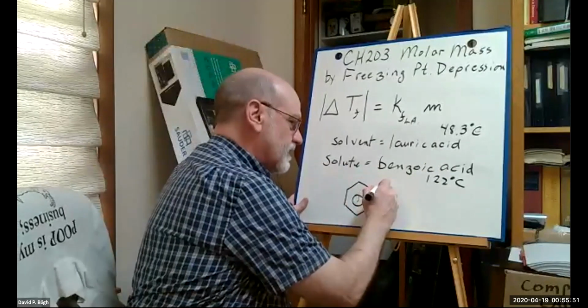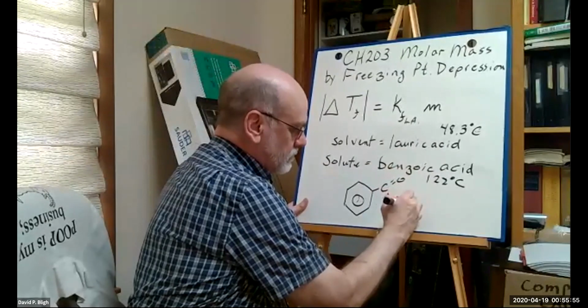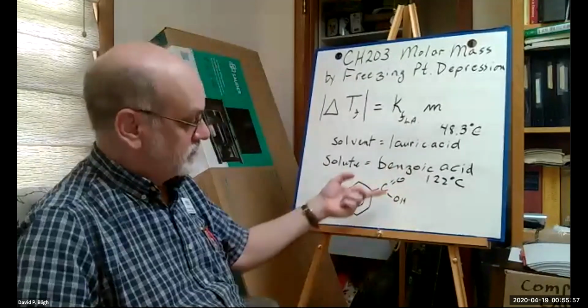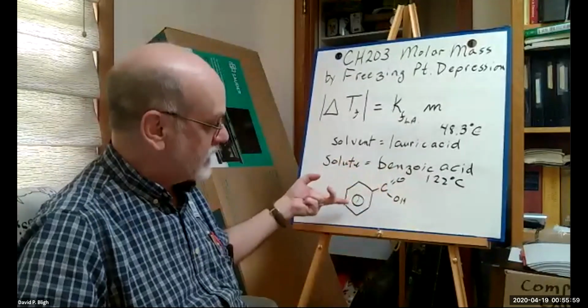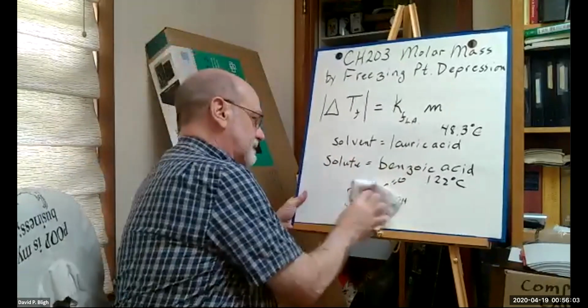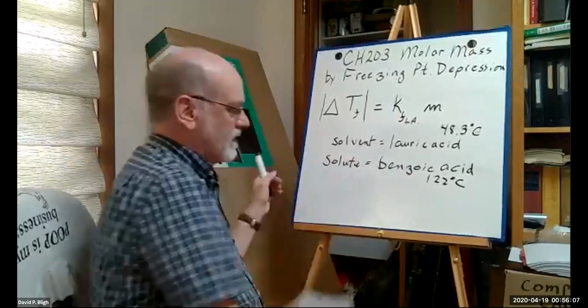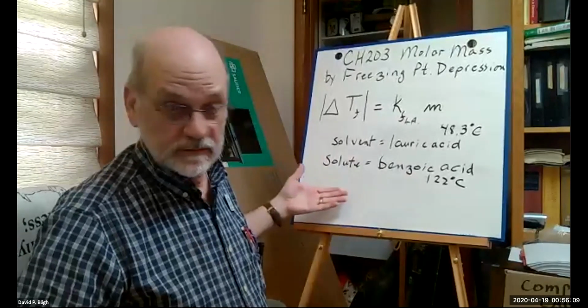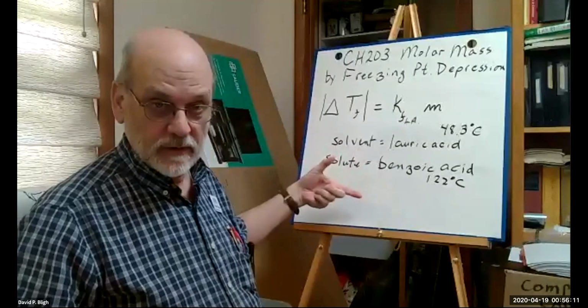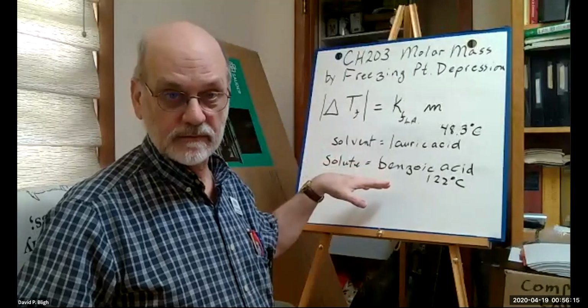And then it has an acid group over here, just like the lauric acid. It's got the carboxylic acid group on it. That's benzoic acid. So knowing that formula, you know the structure, you could calculate the accepted value for benzoic acid.